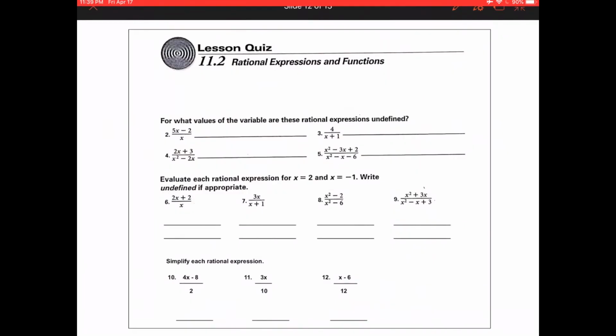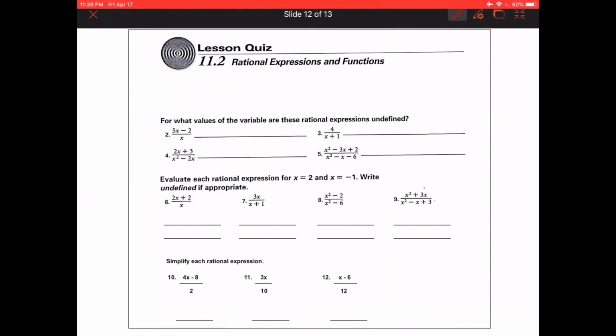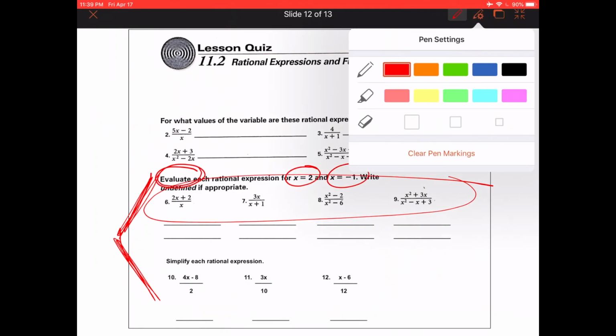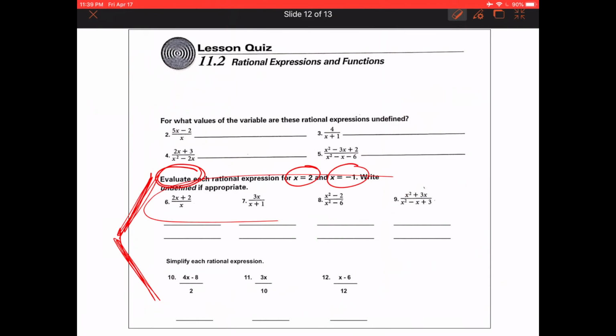All right? For the last part of the homework, down here, number 6 through 12, notice 6 through 9 has you evaluating for x equals 2 and x equals -1. So that means you're going to have 2 answers.